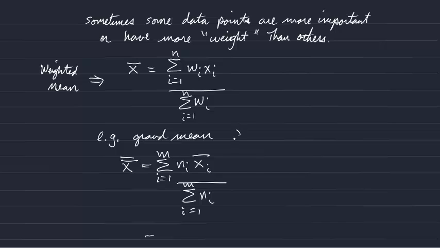So if we sampled our population m times, this gives the grand mean of all of our samples, and it's a weighted mean.